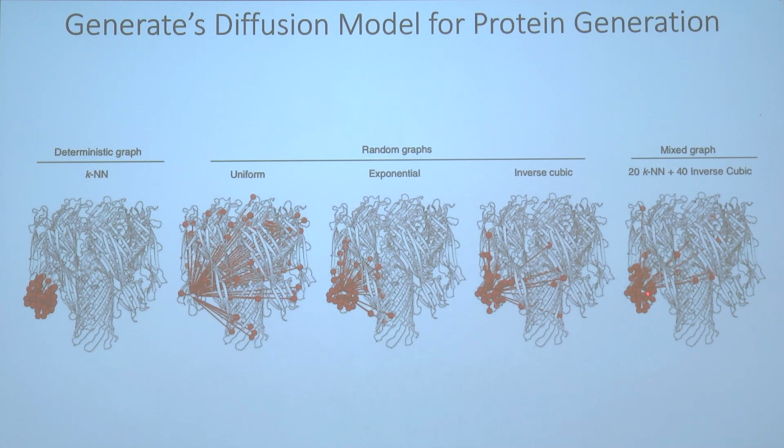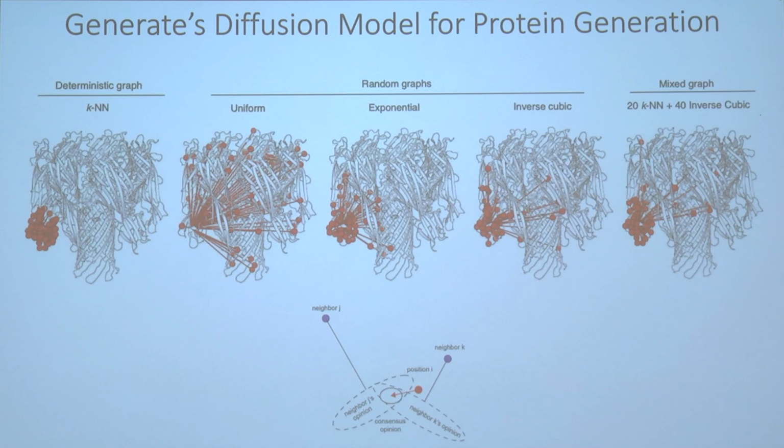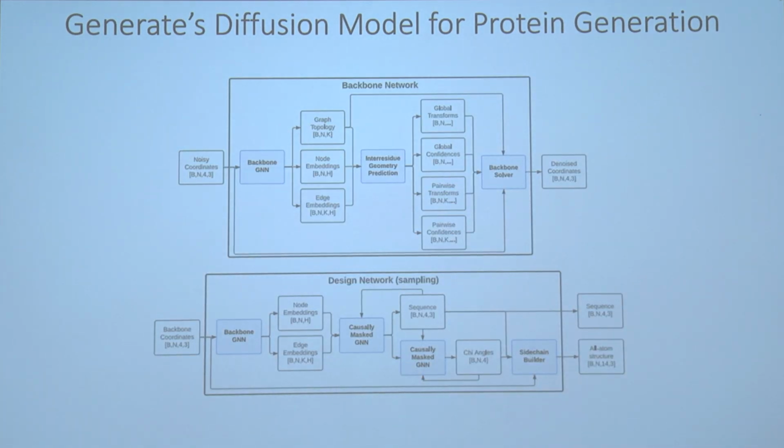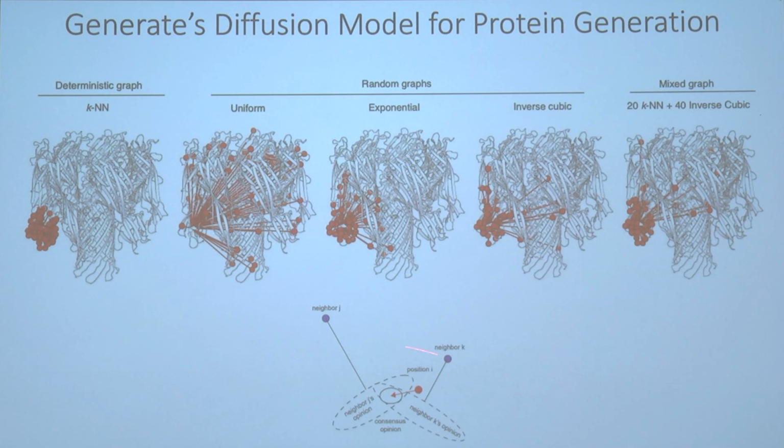So starting from this, you have some k and n, so 20 in terms of starting nodes here, and then your closest, but then 40 that are inverse cubic, so some inspiration from this and some from that, and it turns out this mixed graph and what they call graph topology ends up being sort of the most accurate way to approach this problem in this architecture. And this is what the architecture looks like. But right before that, let's also go over this portion.